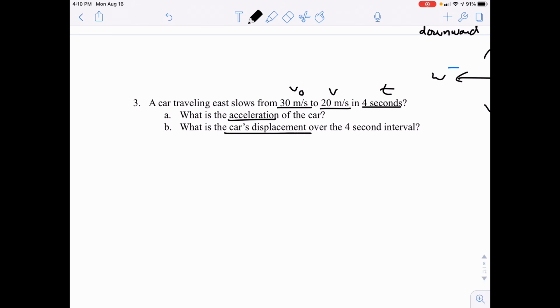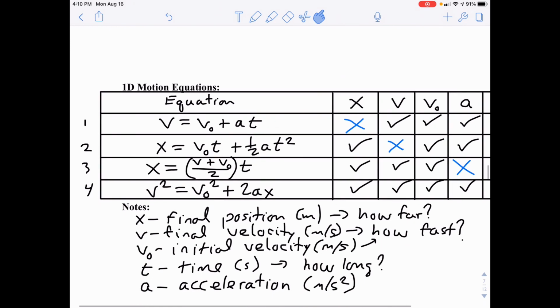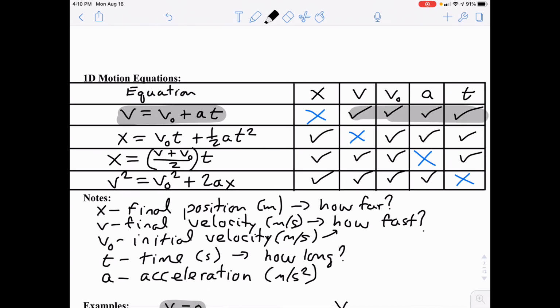The car's displacement over the 4-second time interval will be our x, so x is a question mark, but that's part B. v is 20 meters per second. v naught is 30 meters per second. Acceleration is what we're looking for, and t is 4 seconds. So based upon v, v naught, a, and t, we're going to be using, again, that first equation.